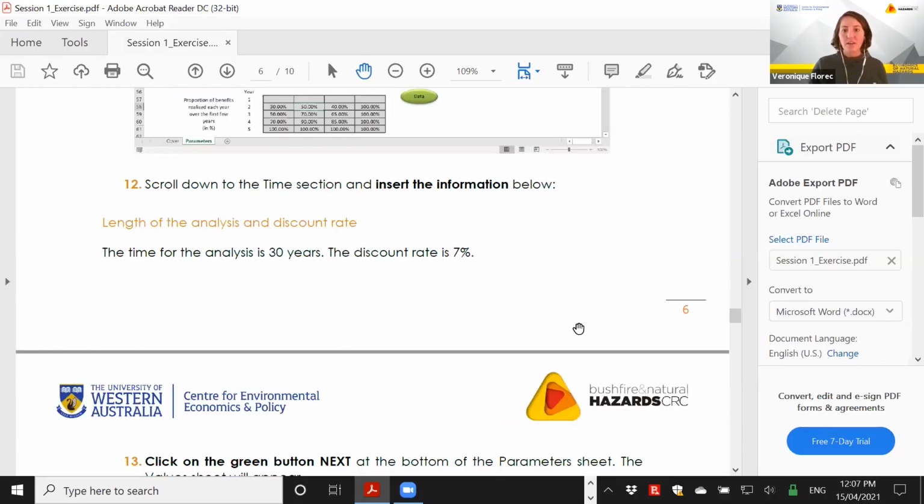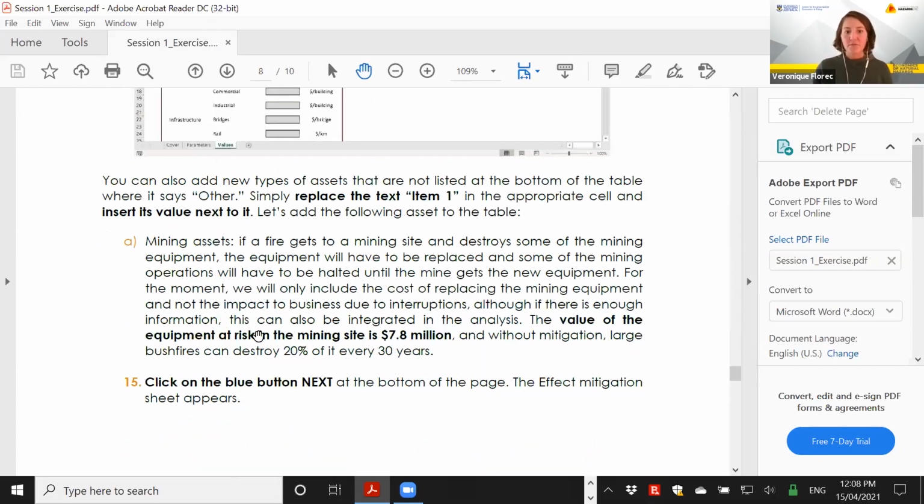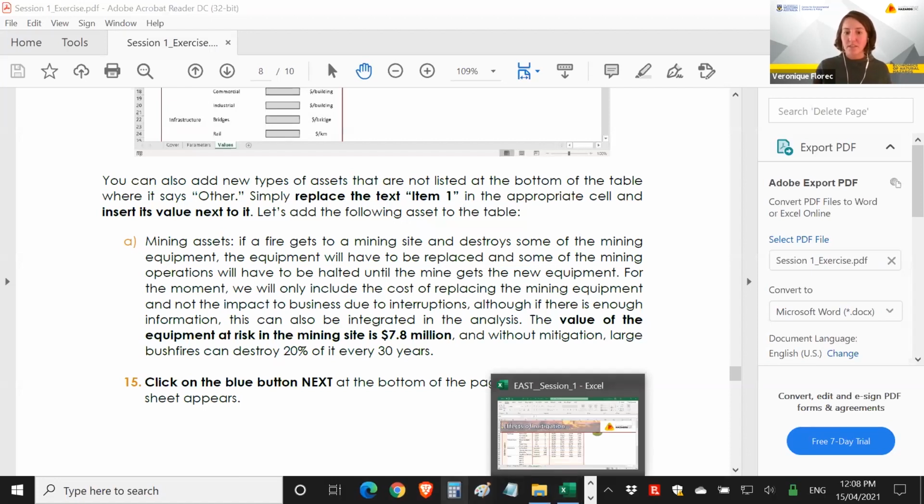It says, on page 8, the value of the equipment at risk in the mining site is 7.8 million. And with that mitigation, large bushfires can destroy 20% of it every 30 years. So this is what we want to know. How much is destroyed every year?